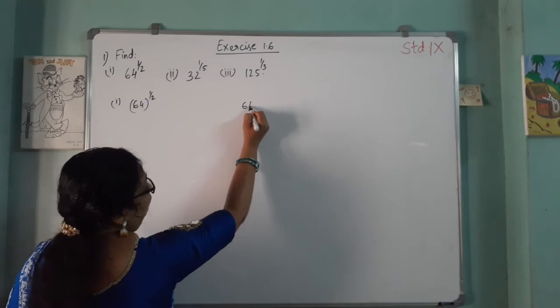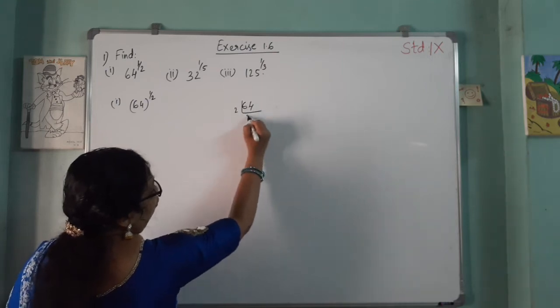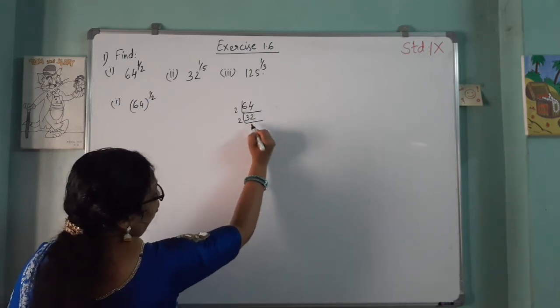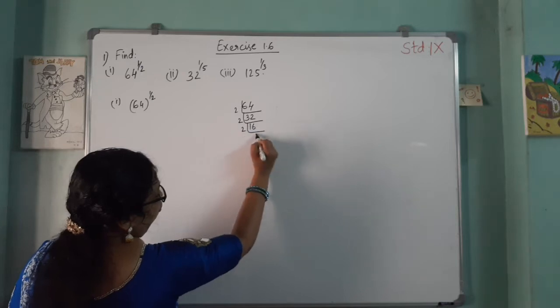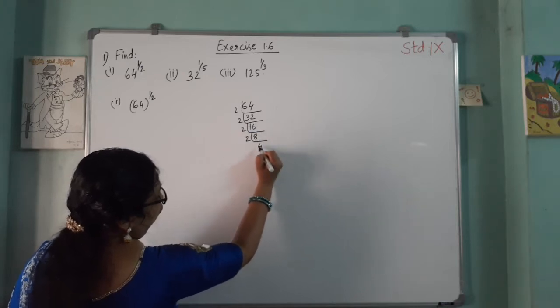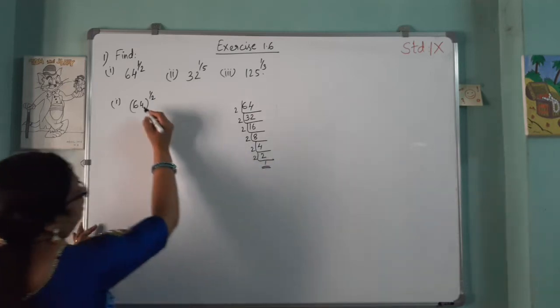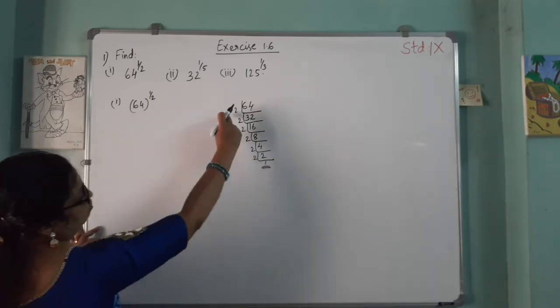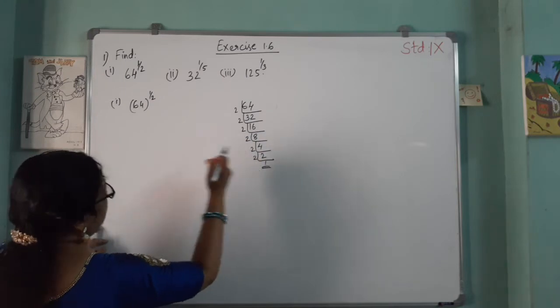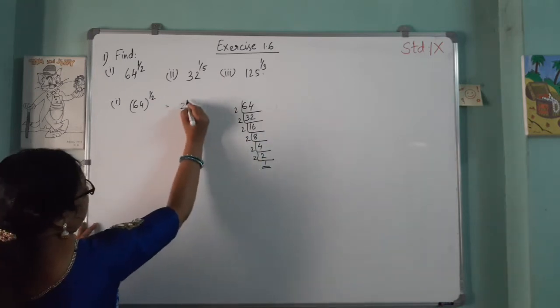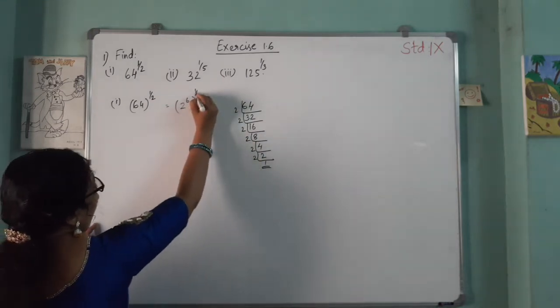64 we can factorize: 2, then 32, again 2, 16, then 2, 8, 2, 4, then 2, 2, 2, 1. So this 64 can be written as 2 raised to 6, the whole raised to 1 by 2.